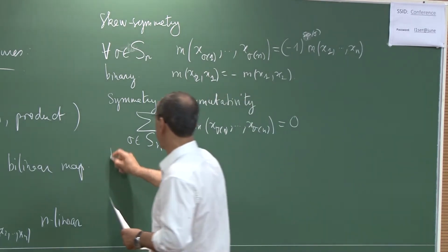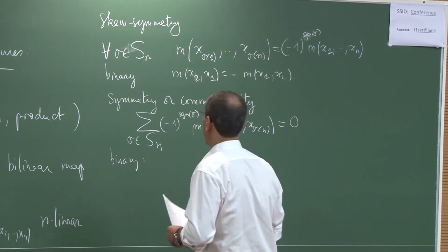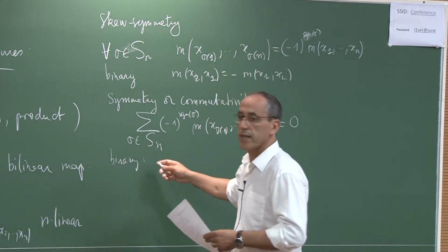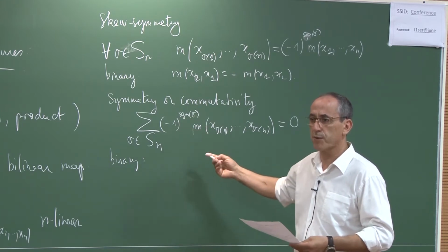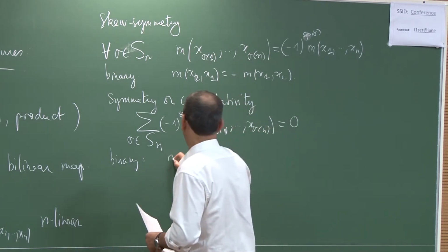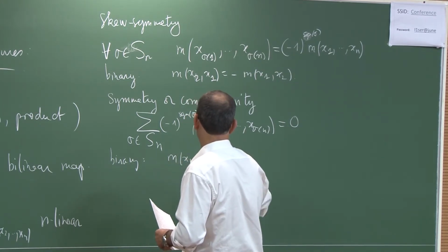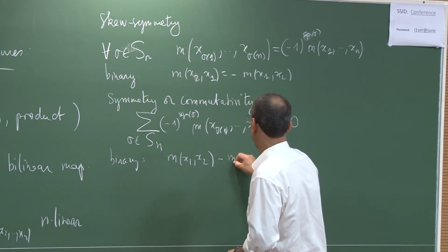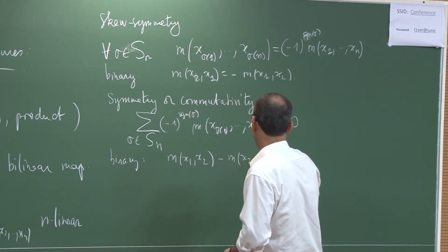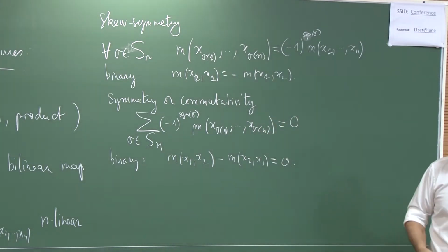Now what happens for binary? For n equal 2, we have only the identity or the transposition. Then we get M of x1, x2 minus M of x2, x1, and this is 0.